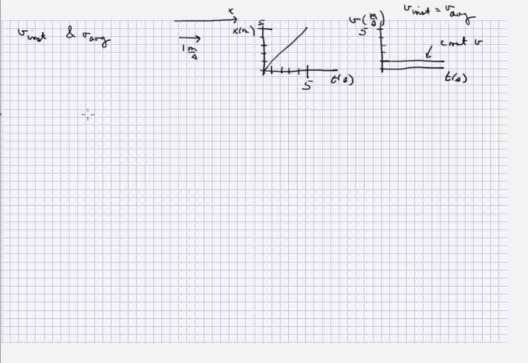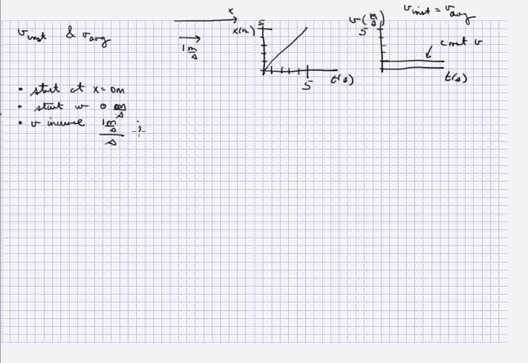So now let's assume a different scenario. Let's assume that you start at x equals 0 meters on a coordinate system, and that you start with 0 meters per second velocity, and that you increase your speed continuously, so your v is going to increase continuously at a rate of 1 meter per second per second.